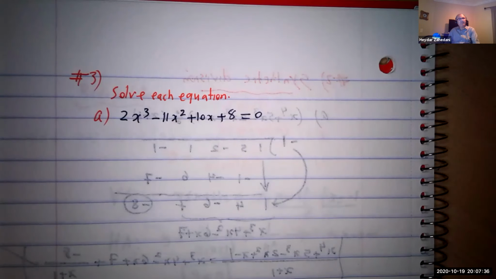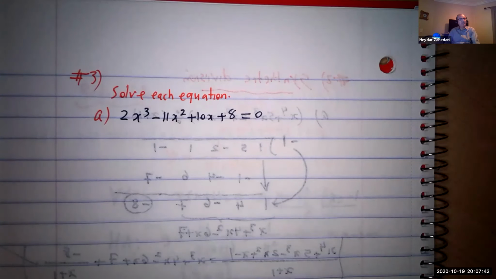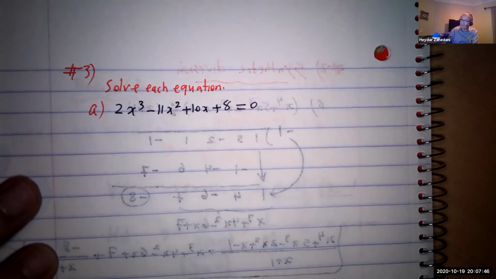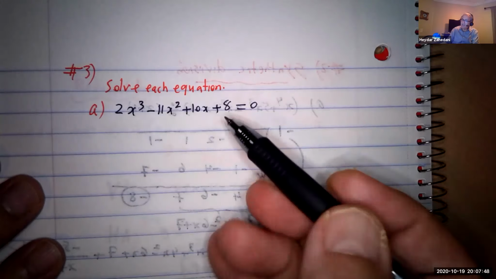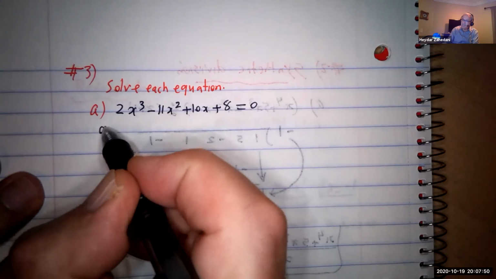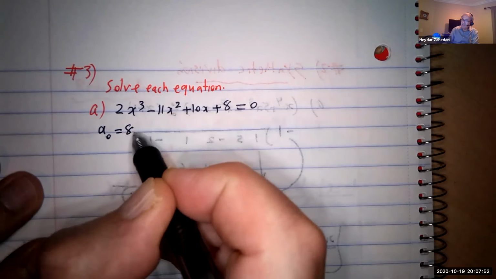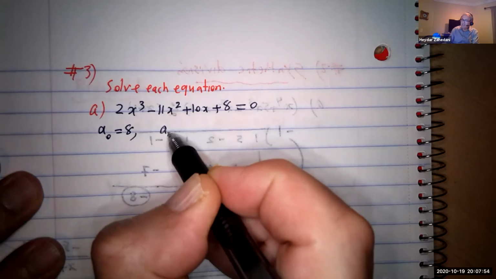So remember, we have to find one of the solutions. Then we use the synthetic method to reduce it into a quadratic, and then we can take care of it. Now, the way we're going to find it, remember, the constant term is going to be 8, a0, and the leading coefficient would be 2.